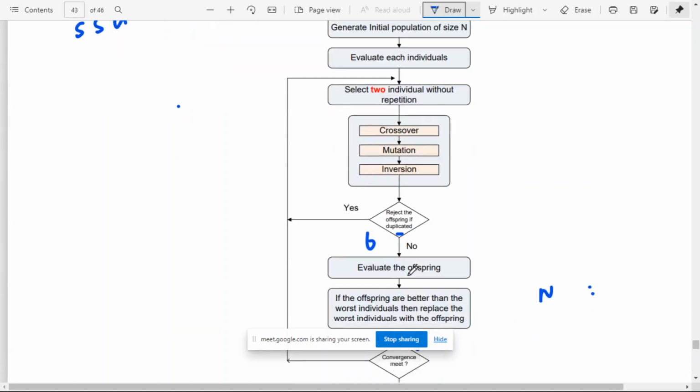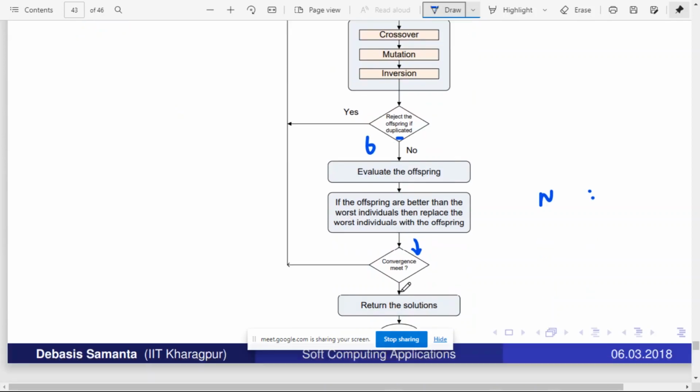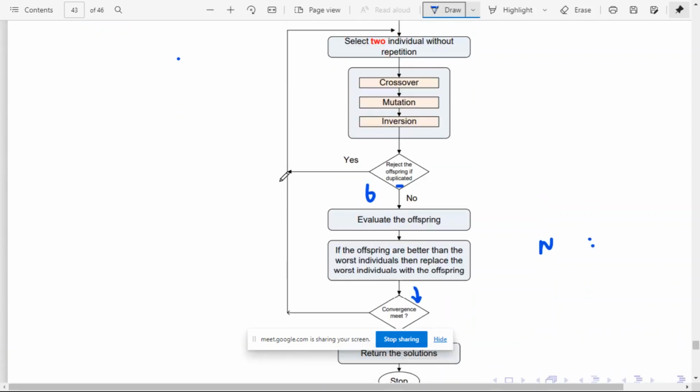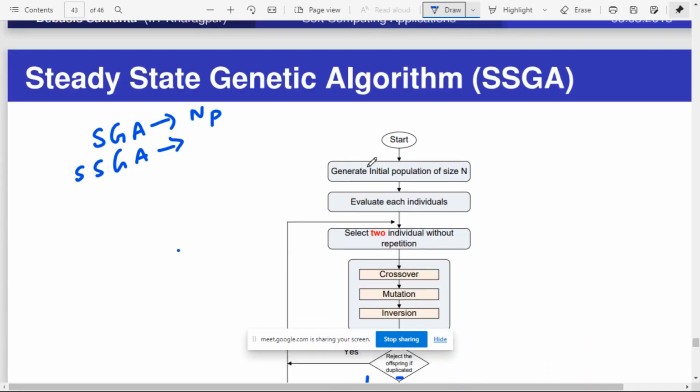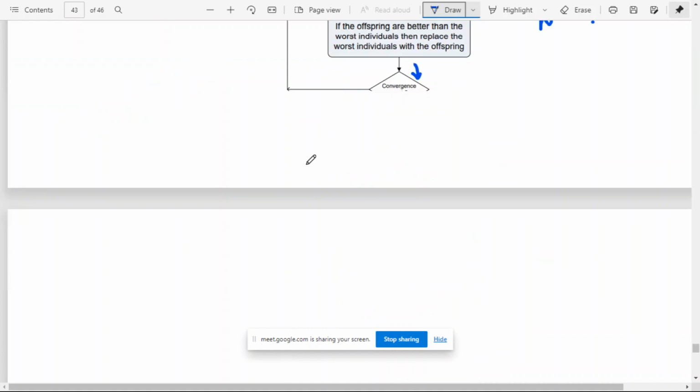If it's not a duplicate, we evaluate the offspring, and then if the fitness score of the offspring is better than the worst individual, then the worst individual will be replaced with the newly created offspring, and then we check whether the convergence is met or not. If convergence is not met, then again we have to repeat the entire process, right? So this is the main difference between SSGA and SGA.